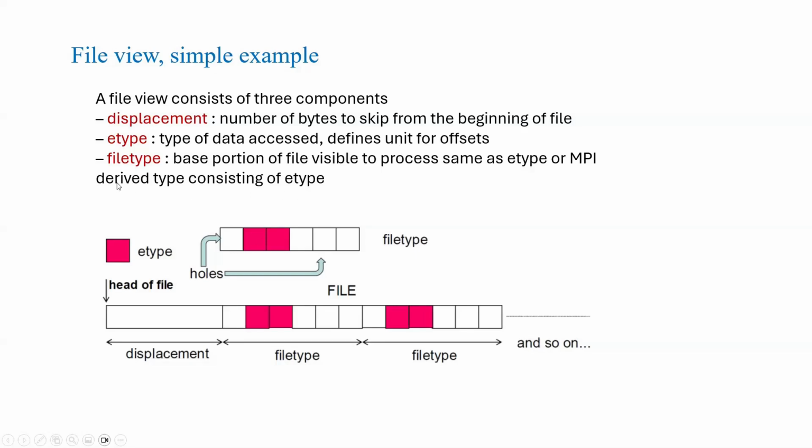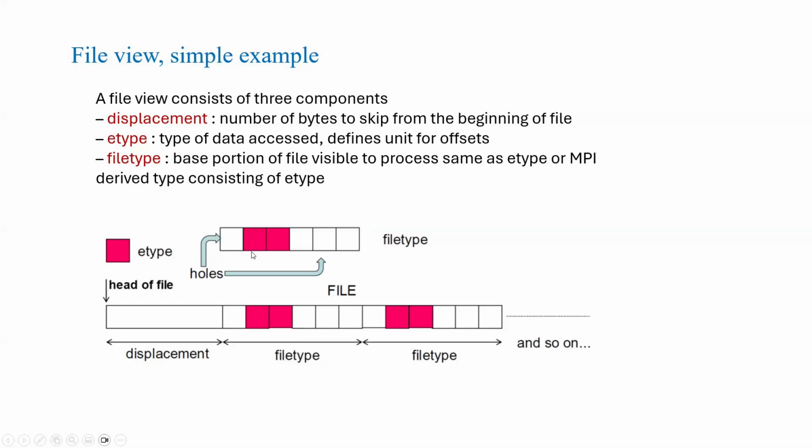Then there is the file type, which is the basic portion of a file visible to processes. It's an E-type or an MPI derived type consisting of E-types. So we treat the E-type as one part of the file type.